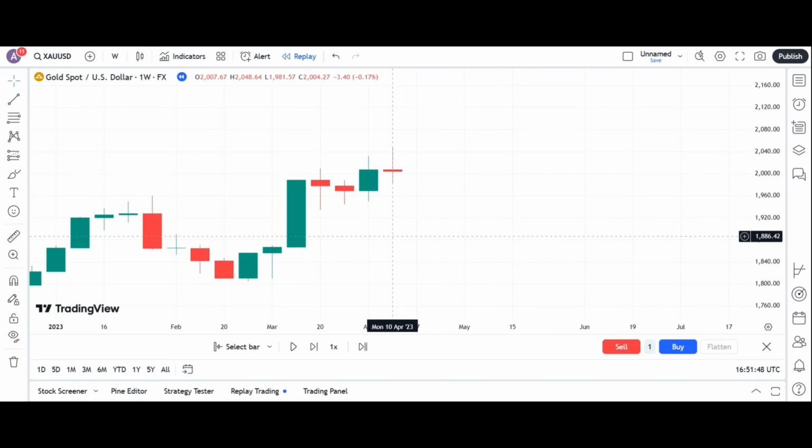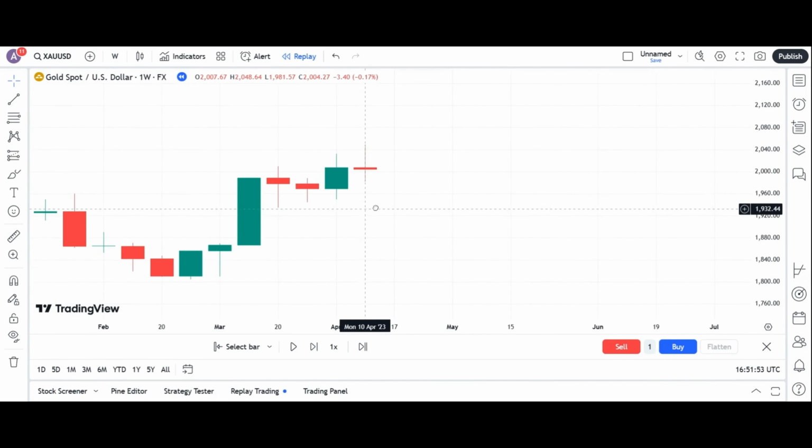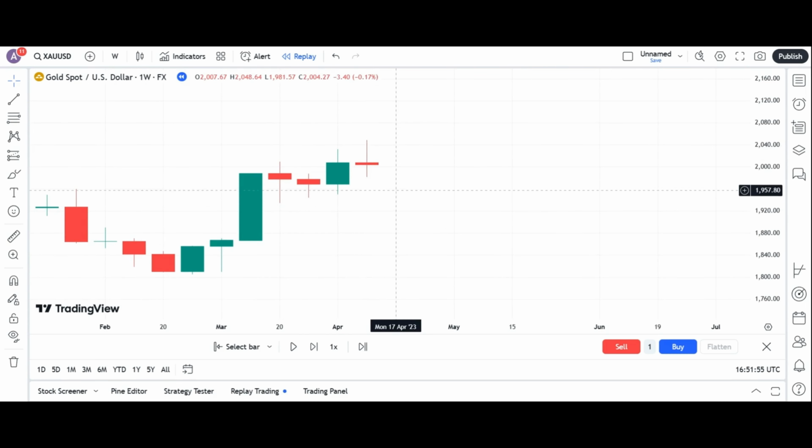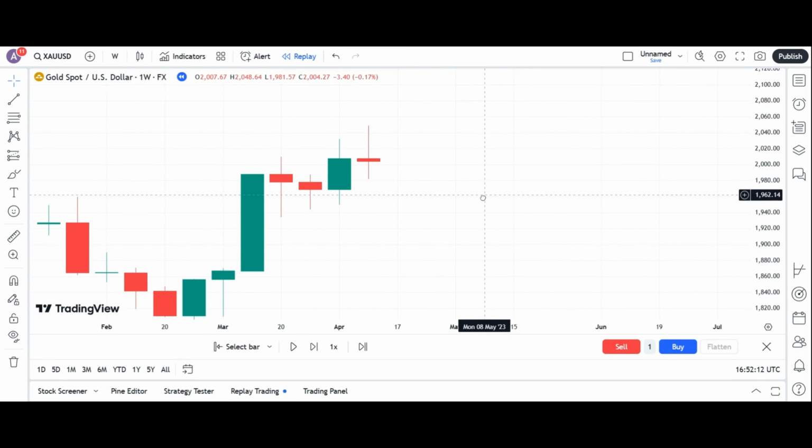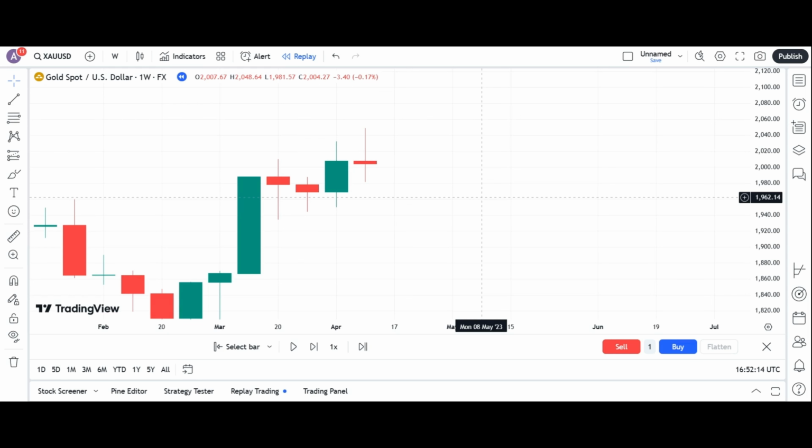The second example is from the gold market, and as you can see, the last two candles' structure is so similar to the CRT structure, and the second candle's body doesn't overlap or go higher than the highest point of the first candle. So we will use CRT or candle range theory to predict the next move of the market.